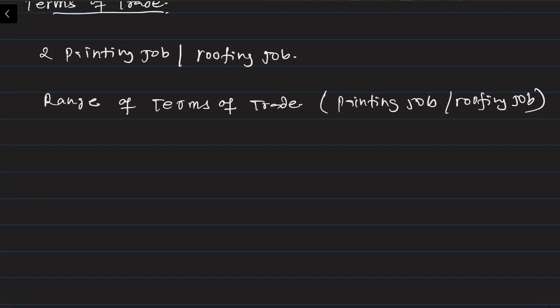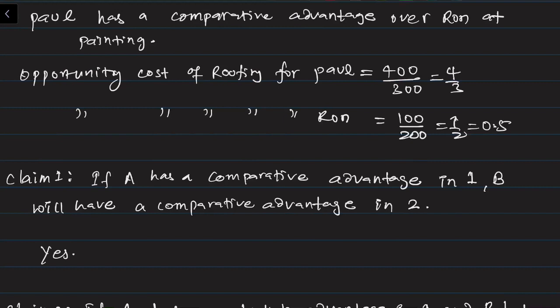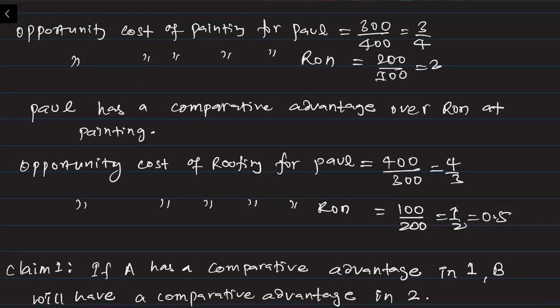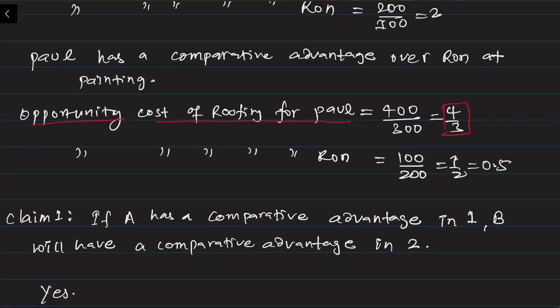Now what is the opportunity cost? Here we can see the opportunity cost of roofing for Paul is 4/3, which means for one roof he has to sacrifice 4/3 painting jobs, and the opportunity cost of roofing for Ron is simply 1/2.